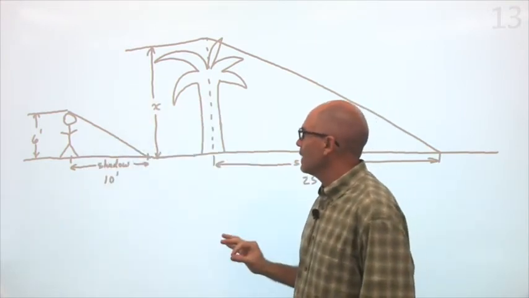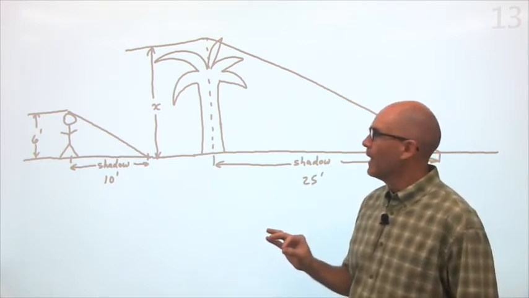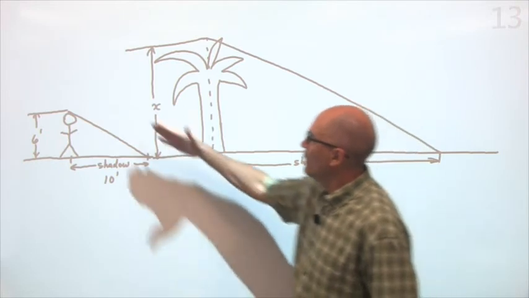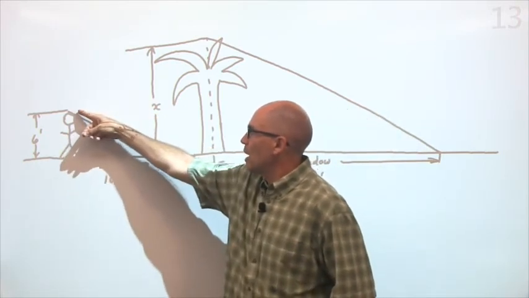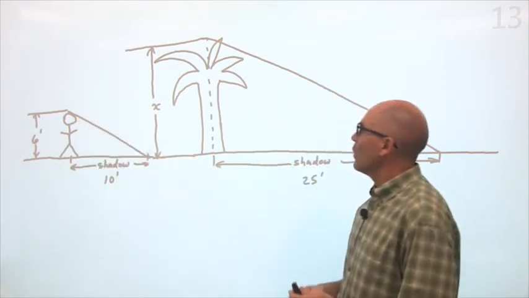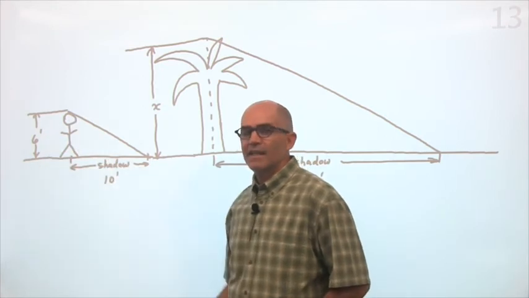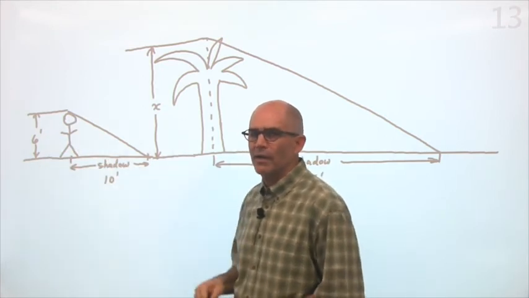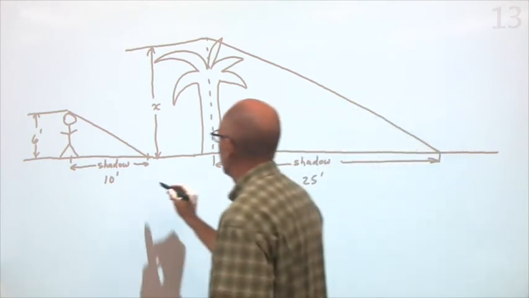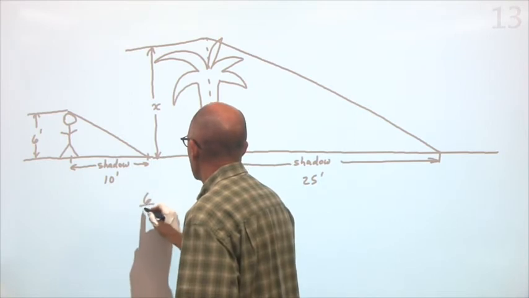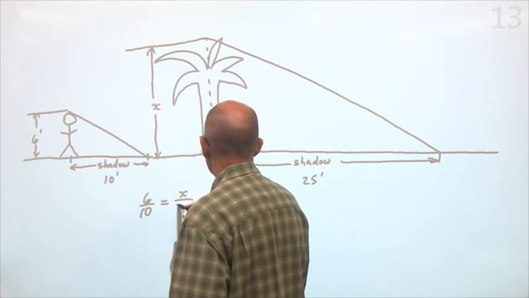So that means the sides have to be proportional. Now, we don't care about the hypotenuse up here, the third side that goes from the top of a person's head down to the ground. All we care about is the length of the shadow and the height of the person or the tree. So basically, our proportion then is 6 over 10 equals x over 25.